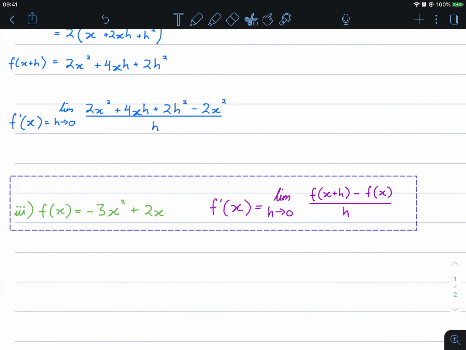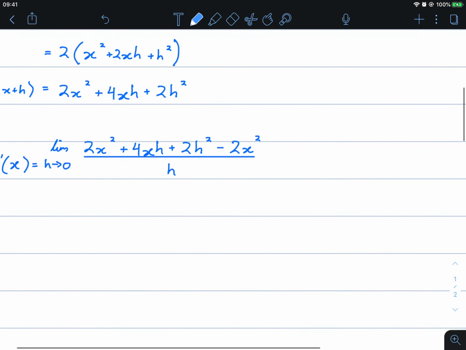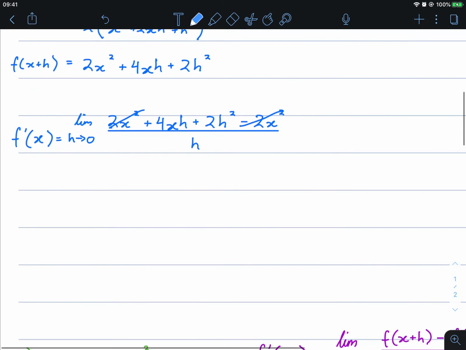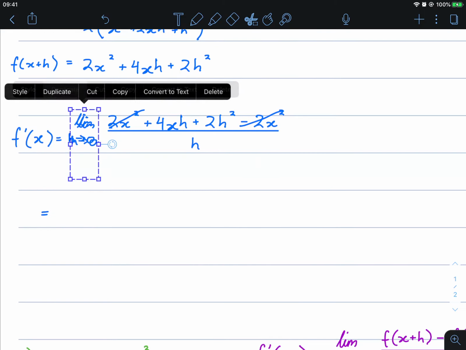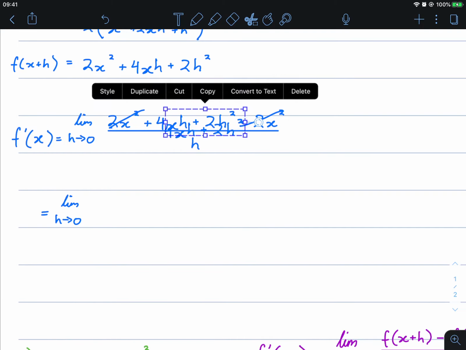Let's move this, make some more space for myself. Let's collect like terms. This is 2x squared and 2x squared. One of them's a minus, so we can cancel these two. This leaves us with, this is just for the sake of time. Normally I'd rewrite this, but I'd like to keep this video as short as possible.